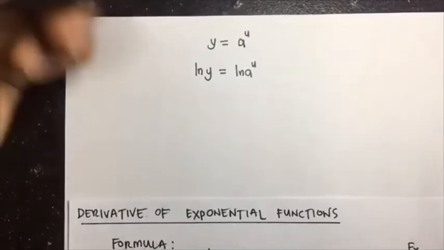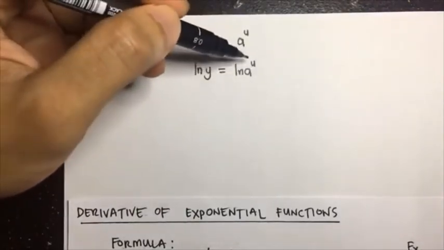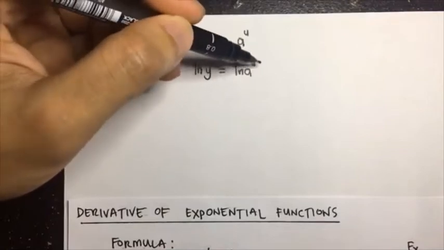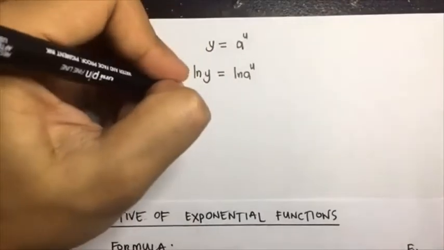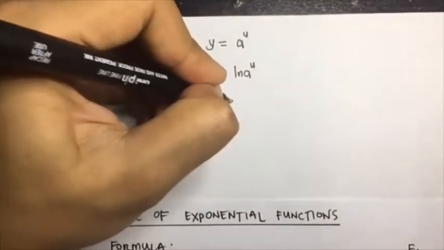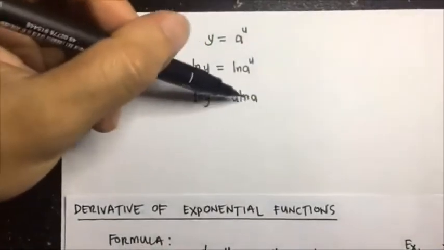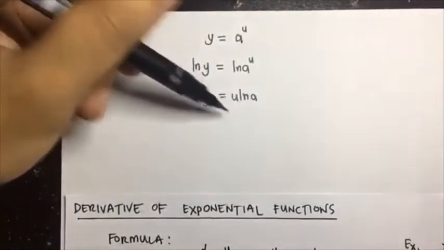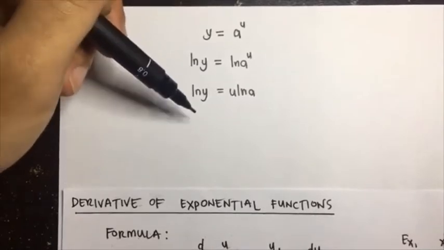And since this is a logarithmic function, then we can apply the properties. So the exponent of a will be transferred to the coefficient side, so it will become ln of y is equal to u ln of a. So remember, a is a constant. Okay, and then next, we will derive this implicitly.